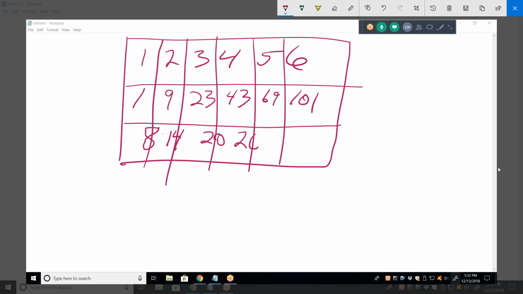And then do the same step until we get the same number. So 8 from 14 is going to be 6. 14 from 20 is going to be 6. 20 from 26 is going to be 6. Oh, okay. Yeah. Now I remember this technique. I don't run into this very often anymore.